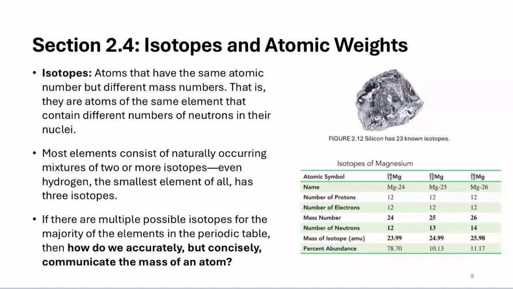Now, if there are multiple possible isotopes for the majority of the elements in the periodic table, how do we accurately but concisely communicate the mass of an atom?